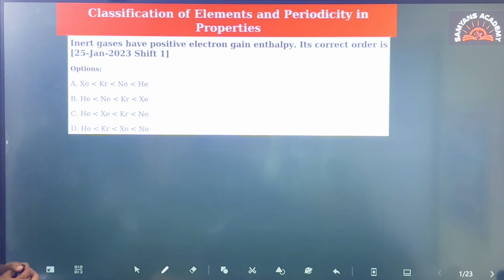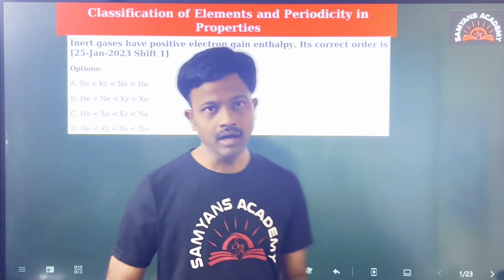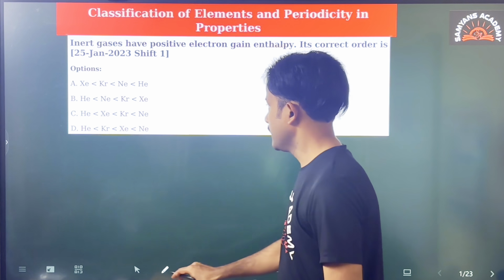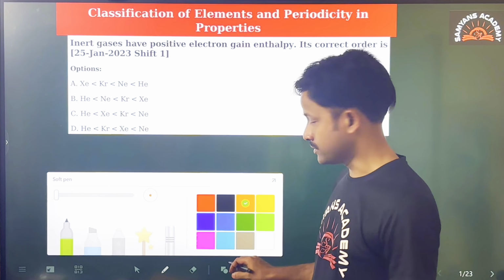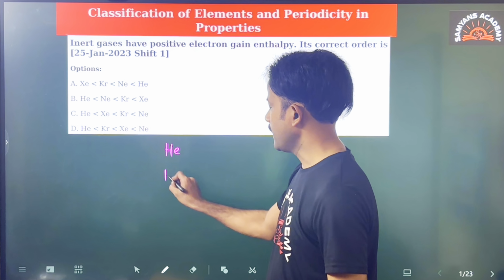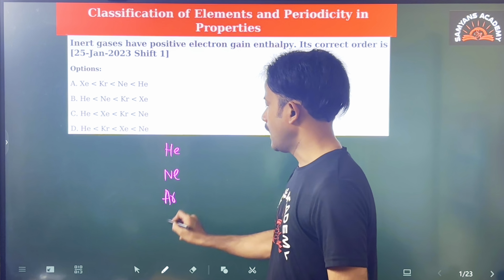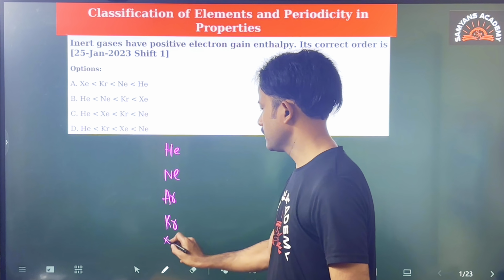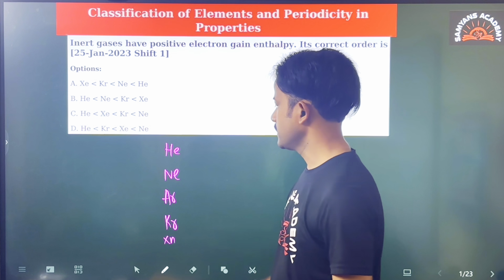And the first question: given that inert gases have positive electron gain enthalpy, its correct order is? Inert gases are given, so you have to arrange them in increasing order of their electron affinity values. Now you see here helium, neon, argon, krypton, xenon. Up to xenon is there.